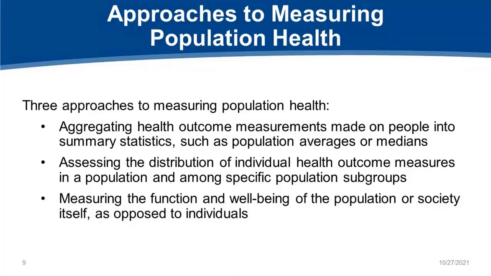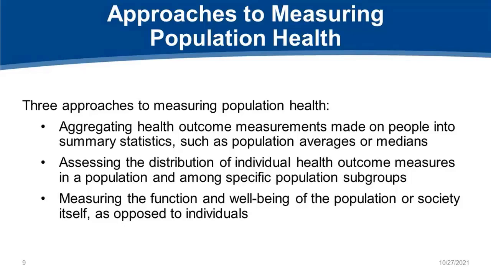So first, aggregating health outcome measurements made on people into summary statistics, such as population averages or medians. And this is a solid approach if you have measures that are widely reported, such that you have sufficient data to do that. But my favorite of these approaches is to assess the distribution of individual health outcome measures in a population and among specific population subgroups.